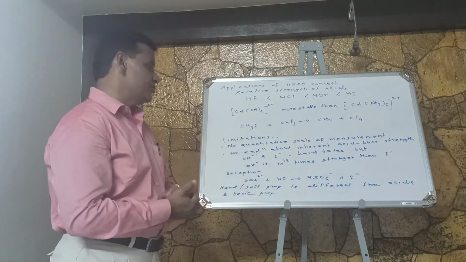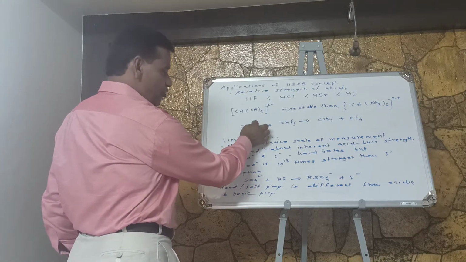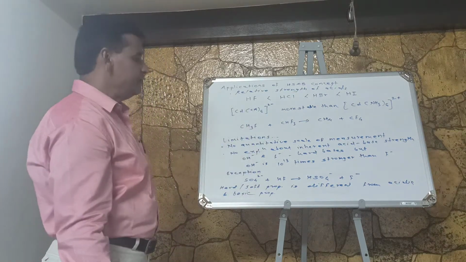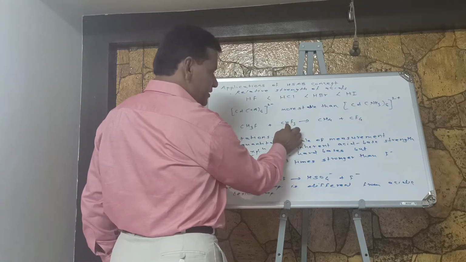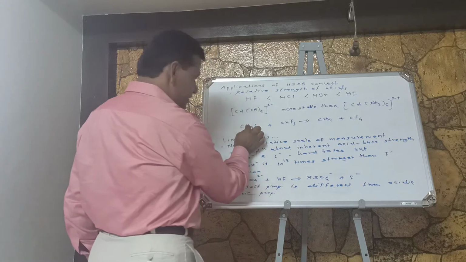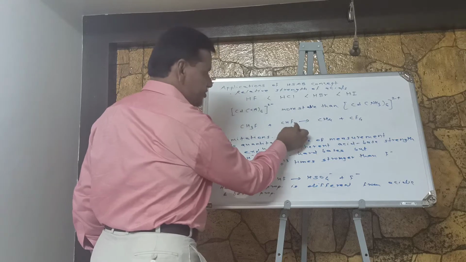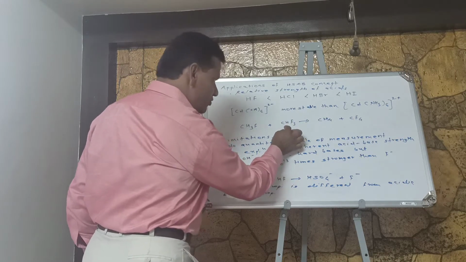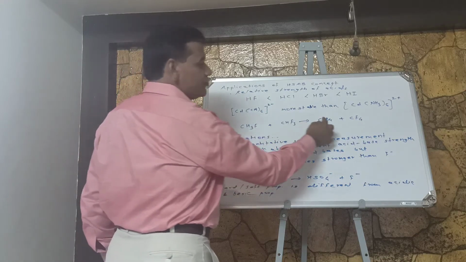One more reaction I have shown here. Here CH3F, so fluoride is a base, and here hydride ion is also a base. So this is a soft base. Now here 3 hydrogens are there. From this molecule, CHF3, one more hydrogen can easily shift toward this CH3 and it converts into CH4.